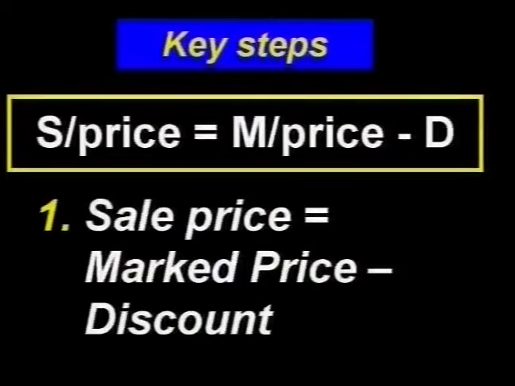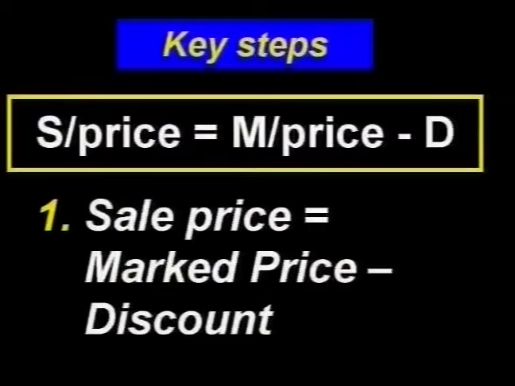The first key step: S/price, meaning selling price, is equal to mark price minus D, which stands for discount. That's the first key step when we are working out discount. I repeat, selling price equals mark price minus discount.